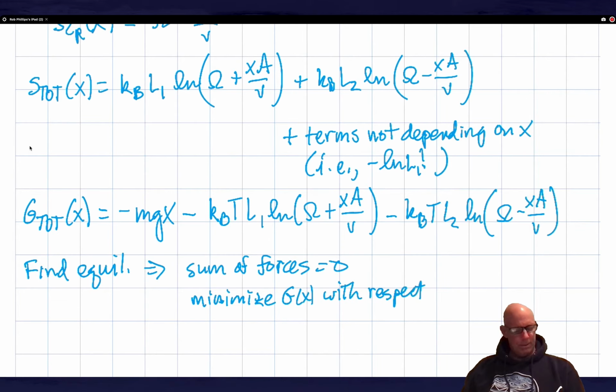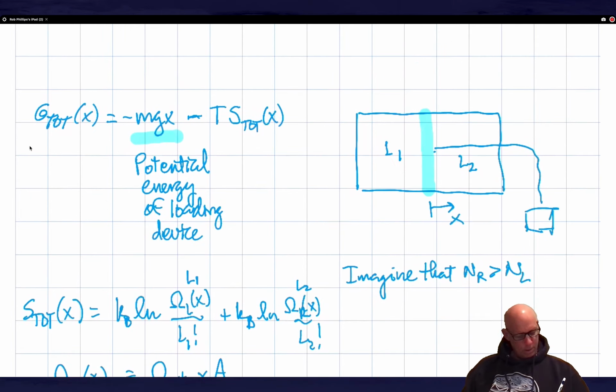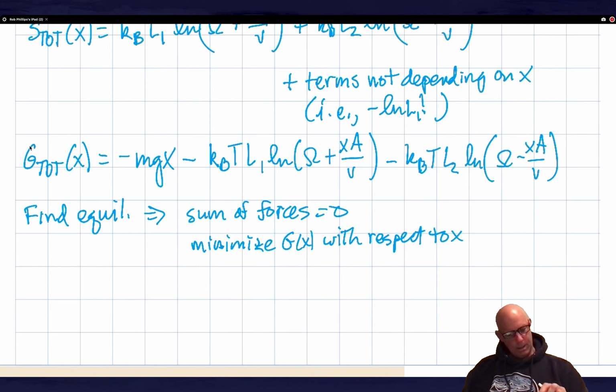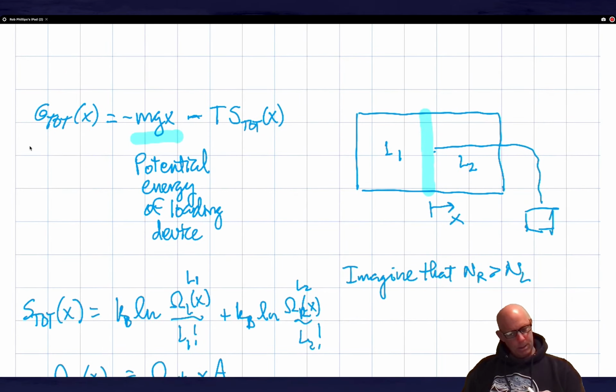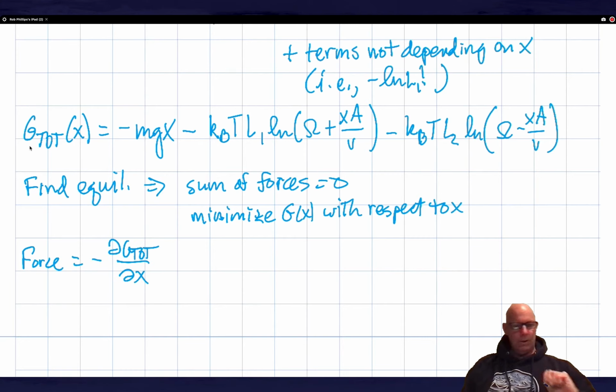Those two perspectives are actually equivalent, because force is equal to minus dG tot by dx, so that's equivalent to minimizing G of x.